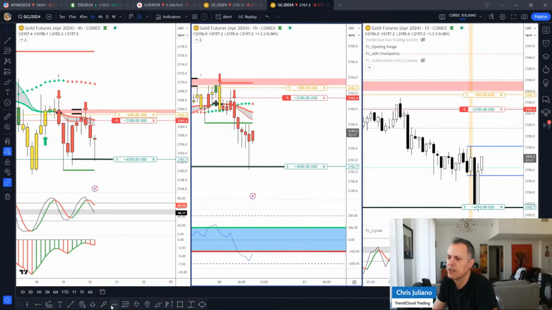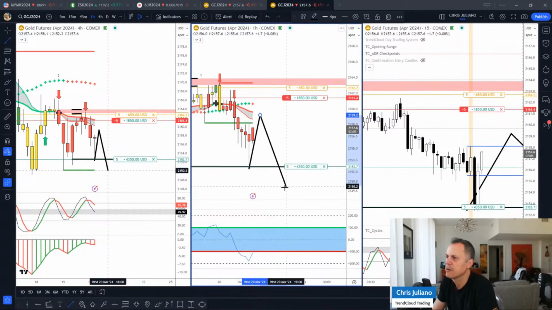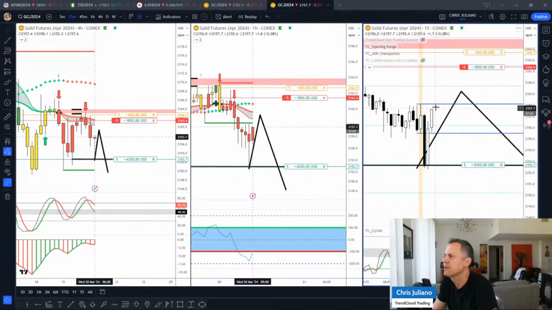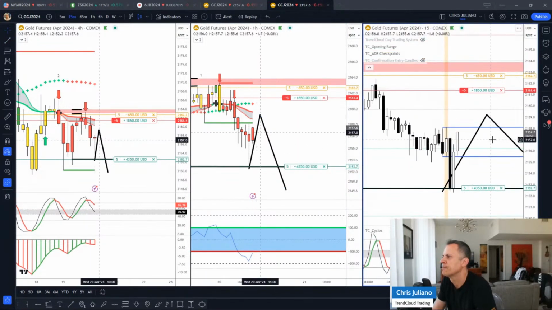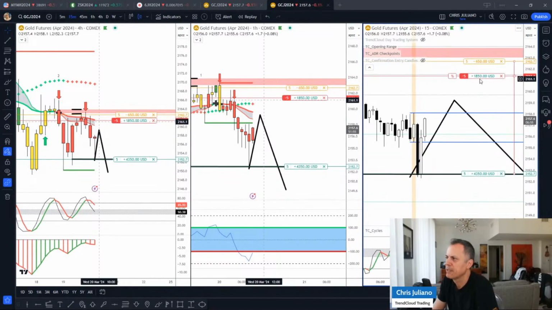So let's take a look here. This could pull all the way back into the trend cloud here on the 1 hour chart and make a move down. Okay, it's pulling back rather deep. So you can see that we could have been out.